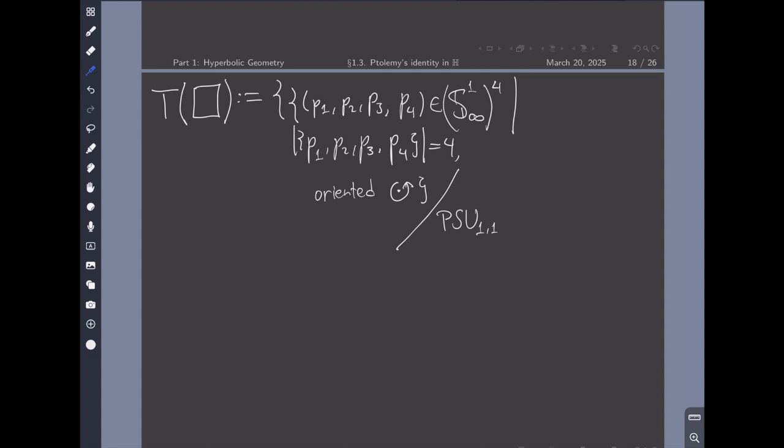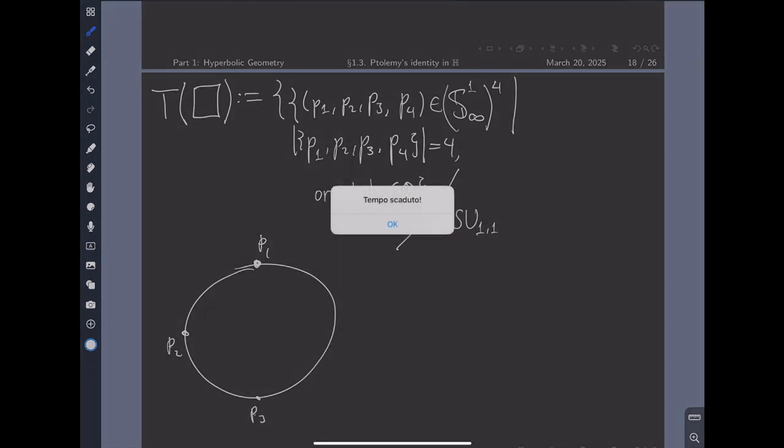Okay, now 26 seconds. So now you see, again, using the simple transitivity on triples of distinct points, I can say any such thing has a representative where P1 is i, P2 is -1, and P3 is -i.